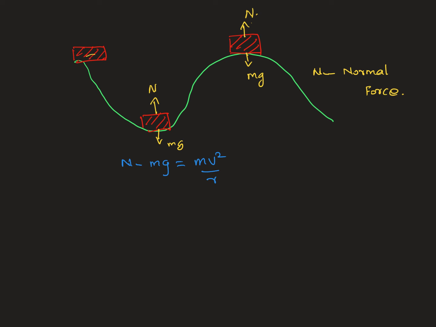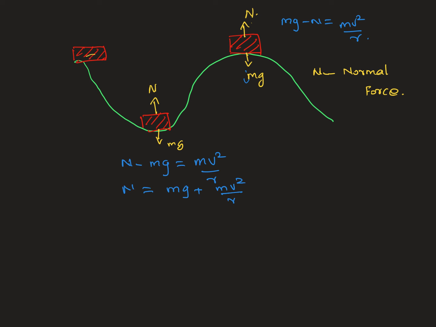Here, the force towards the center is going to be mg minus n is equal to mv squared over r. So what's happened to the n, which is the normal force? In this case, the normal force is equal to mg plus mv squared over r.